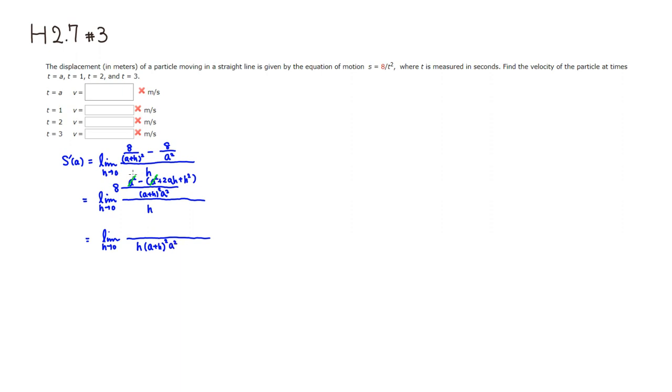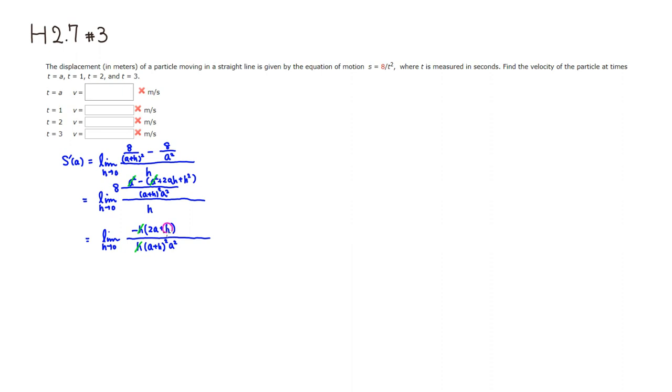Then you have a negative sign, and there's an h in common, so I'll pull out the negative h. So we have 2a plus h. That way we can cancel h on the bottom and h on top, because h over h is just 1.